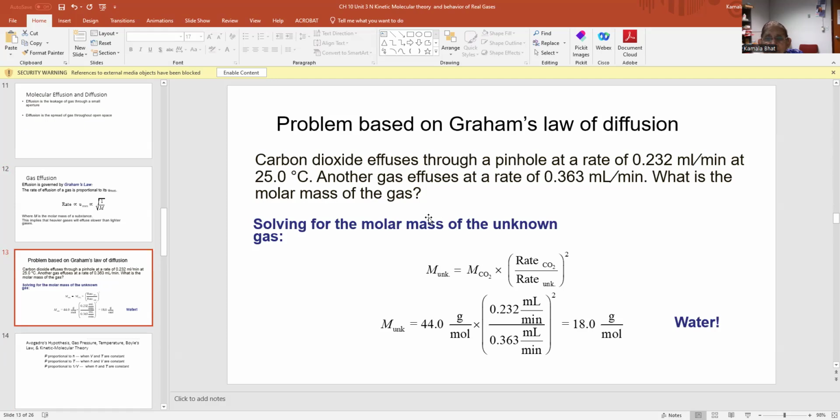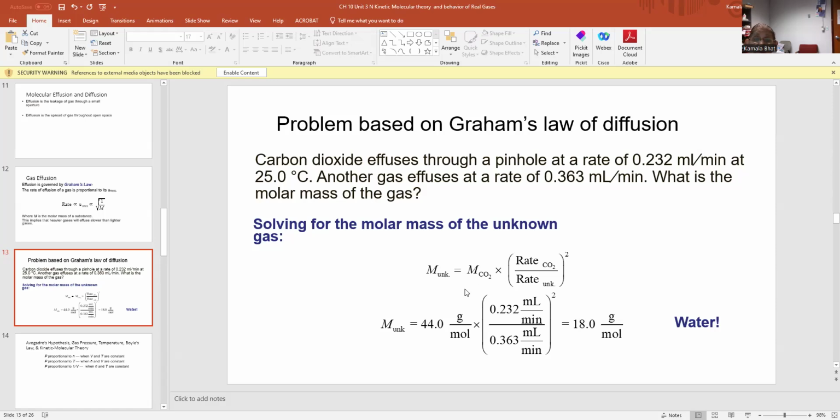Here is a problem based on Graham's law. Carbon dioxide effuses through a pinhole at a rate of 0.23 milliliters per minute at 25 degrees Celsius. Another gas effuses at the rate of 0.36 milliliters per minute. What is the molar mass of the unknown gas?